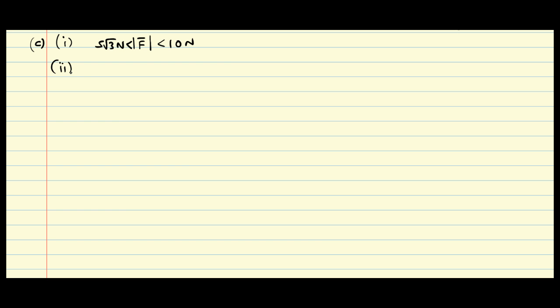The second one, the condition for there to be one and only one possible direction for F bar: there are two possibilities, mod of F bar is equal to 5 root 3 newtons, or mod of F bar is greater than or equal to 10 newtons.